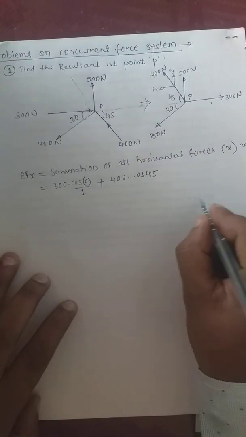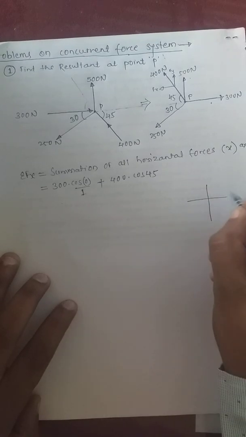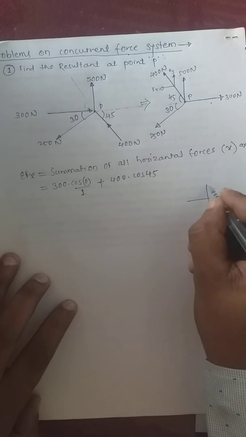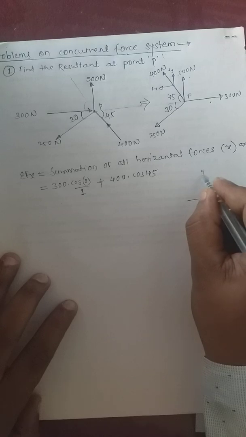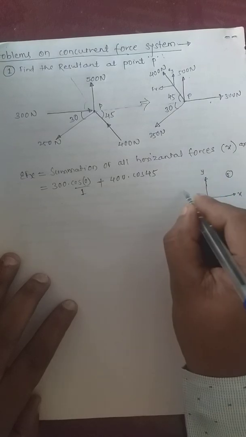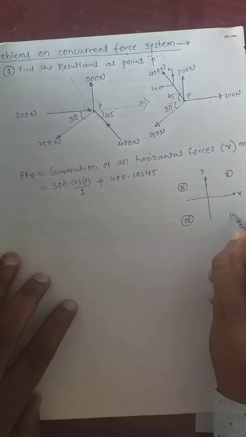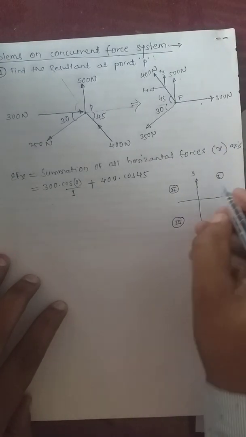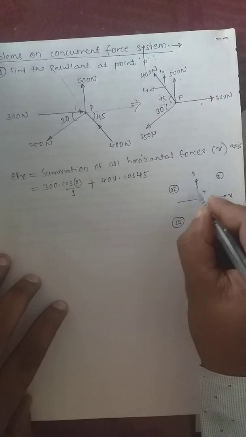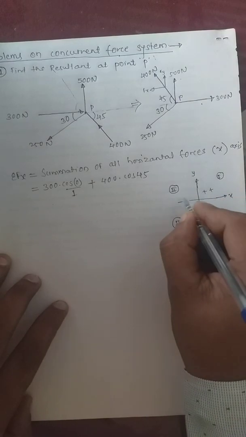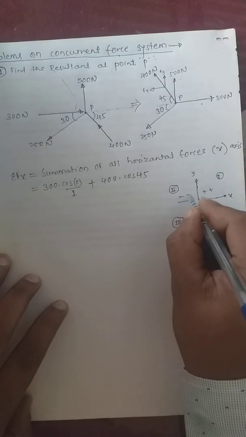Sign convention means this is the x-axis, this is the y-axis, so this will be quadrant number 1, this will be quadrant number 2, this is quadrant number 3, this is quadrant number 4. Here x will be positive, y will be positive. Here x will be negative, y will be positive.